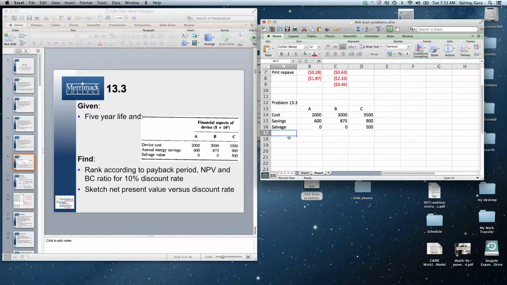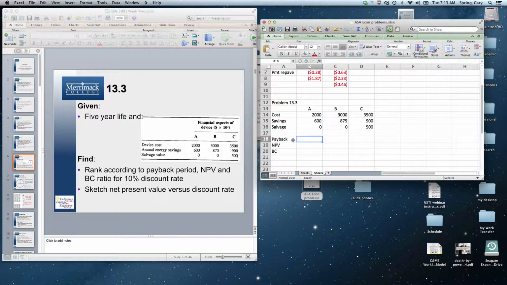Okay. So the first one we'll do is payback, and then net present value, and then benefit cost. All right.